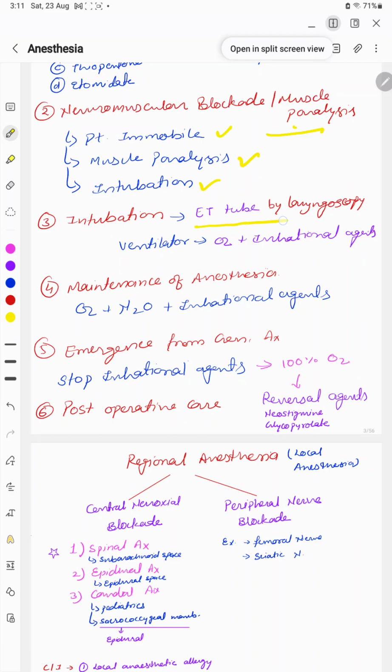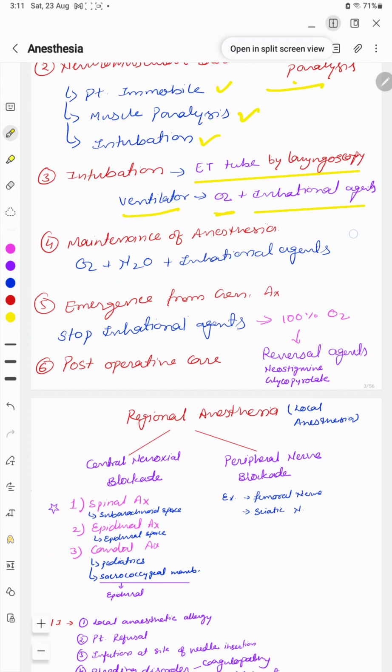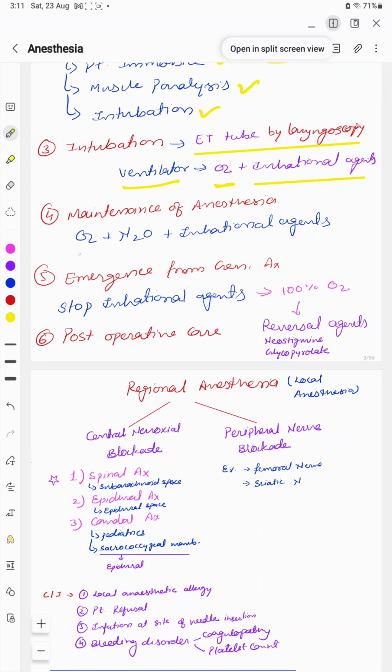When we insert the ET tube by laryngoscopy, and after that on the ventilator we connect oxygen and inhalational agent for maintenance of the anesthesia. Yes, and you see oxygen and nitrous oxide with the inhalational agent. Oxygen and nitrous oxide are carrier gases, we will see later.